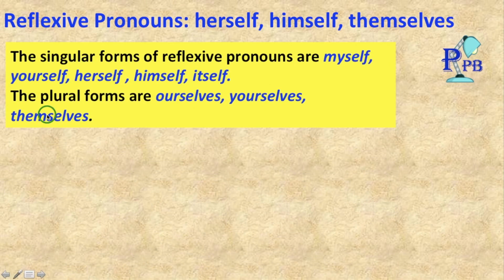Now, the singular forms of reflexive pronouns are myself, yourself, herself, himself, itself, etc. Whereas the plural forms are ourselves, yourselves, themselves. And look here. When you add es, you have to change f to v, so it becomes VES.